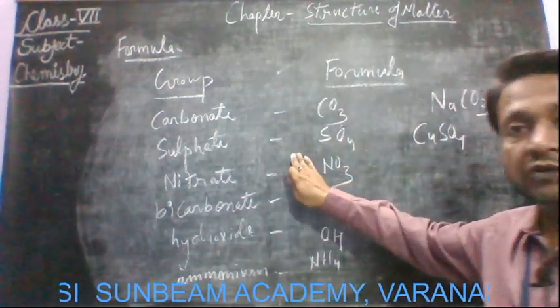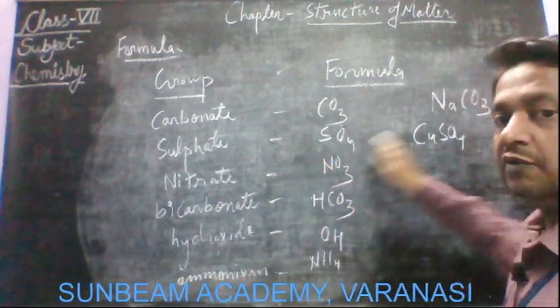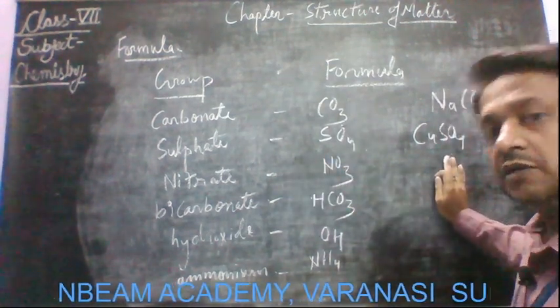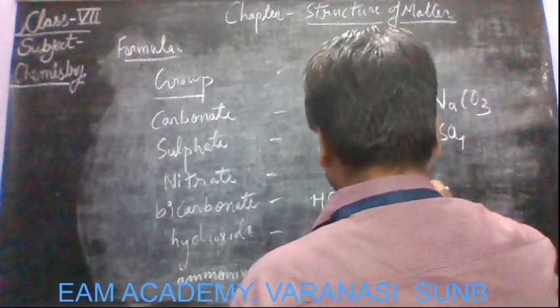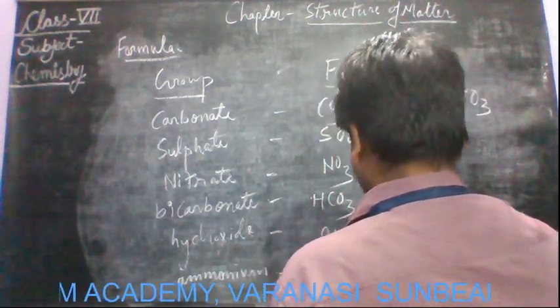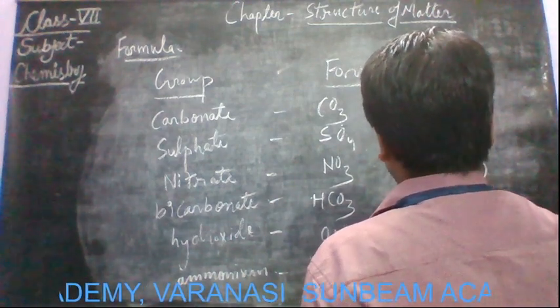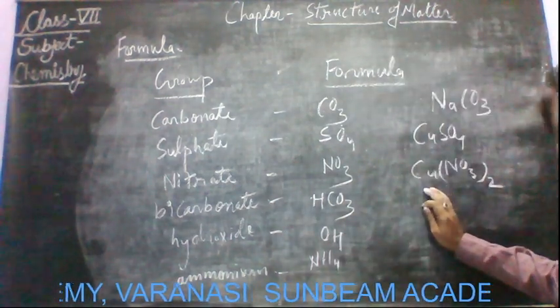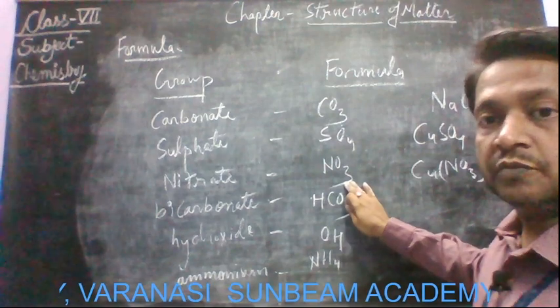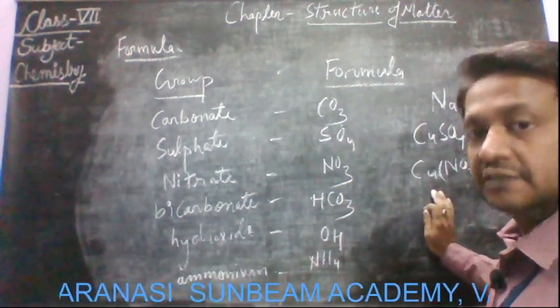When this sulfate group joins with copper, it will form the compound copper sulfate. When this copper joins with the nitrate group, it will form copper nitrate.